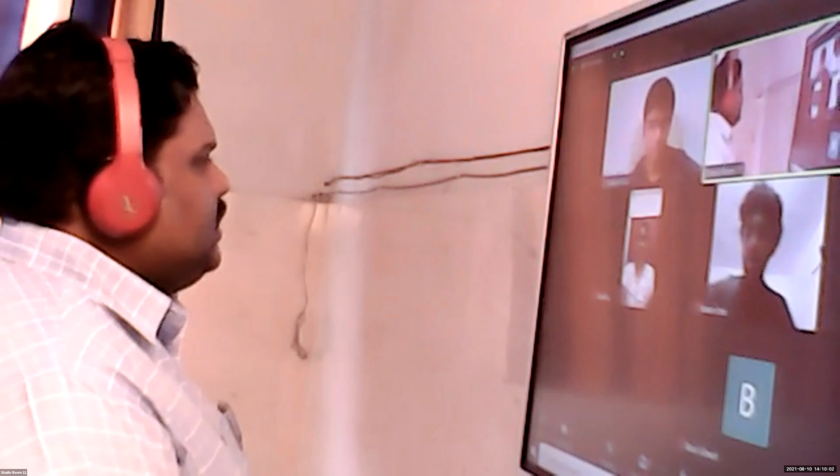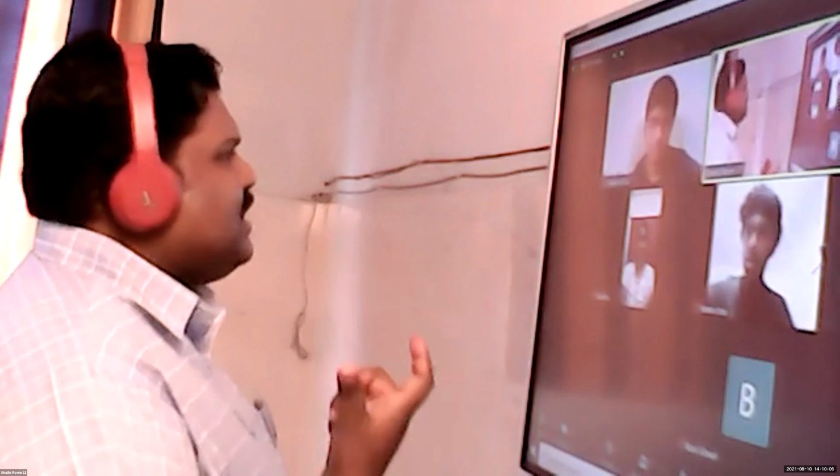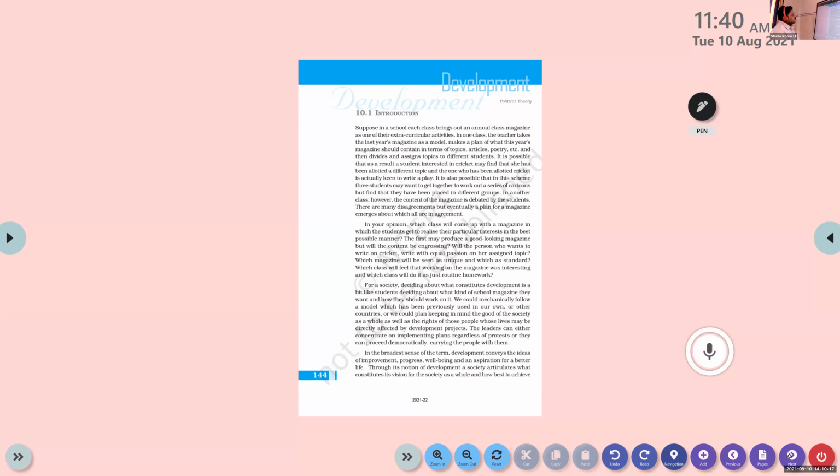Clear. Basically, we want to think about all these aspects, not just doing what someone says, or something that was already done by someone. You should not copy or create a replica of the same. You should do something creatively. Which class will feel that working on the magazine was interesting, and which class will do it as just routine homework?